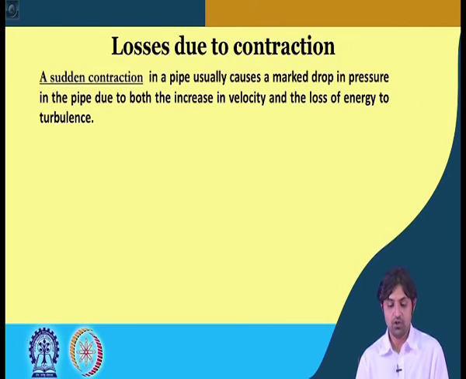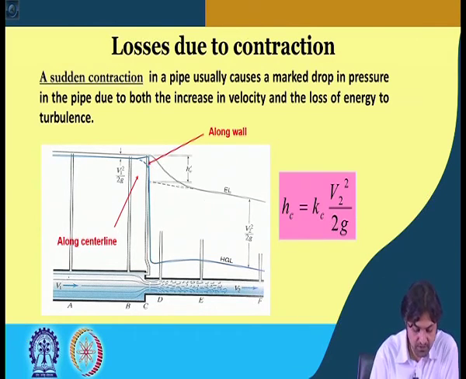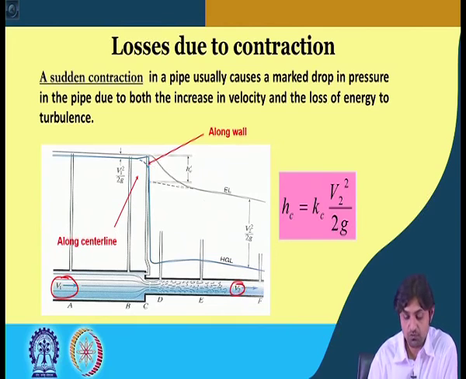Now let us see the loss due to contraction. A sudden contraction in a pipe usually causes a marked drop in pressure in the pipe due to both the increase in velocity and loss of energy due to turbulence. That is a well established fact. You see the fluid coming with velocity V, and after the sudden contraction, the velocity changes to V2.